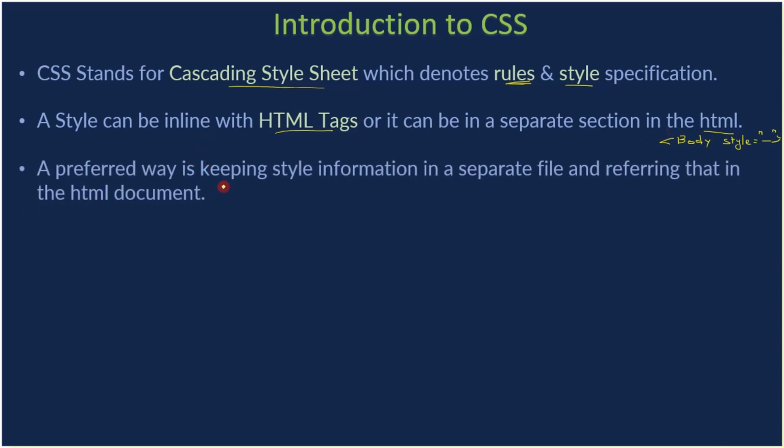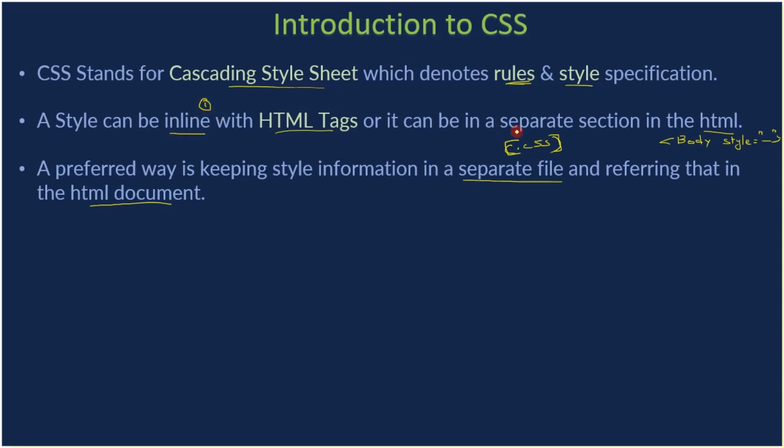A preferred way is keeping style information in a separate file. So this separate file is what called .css file. So you can keep it in a separate file and referring that in the HTML document. So if you see, there are three methods. One is in line with the HTML.